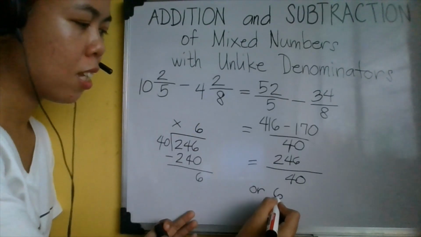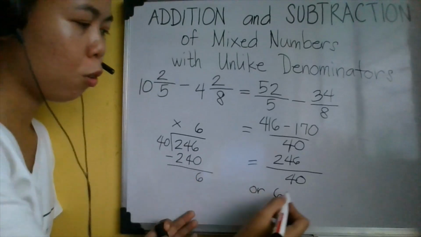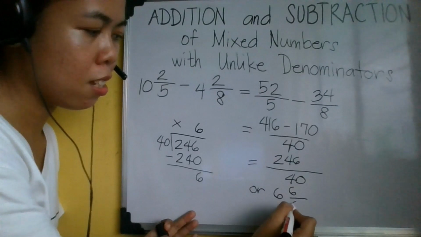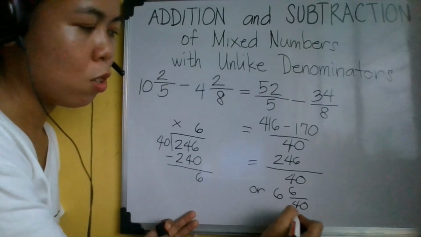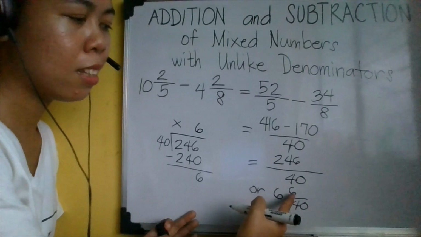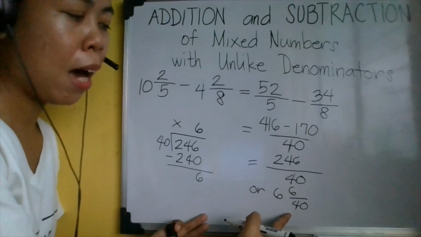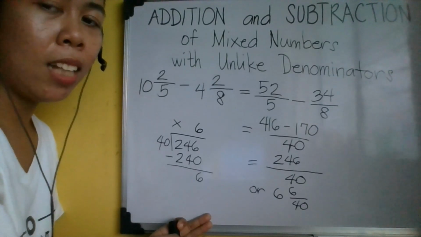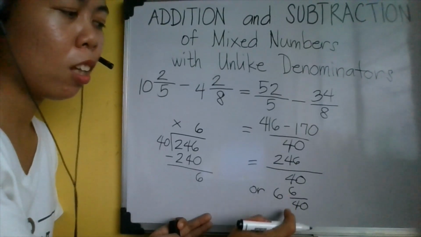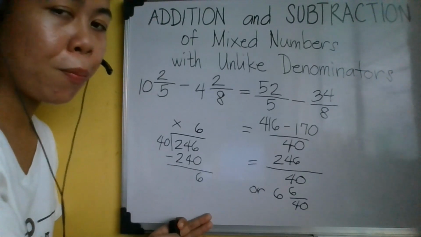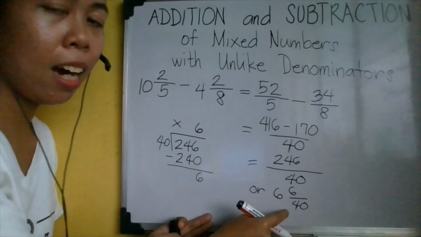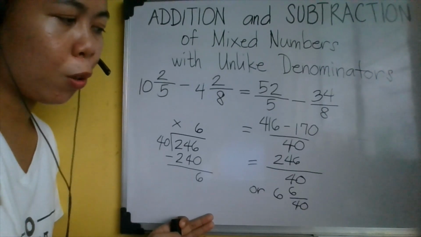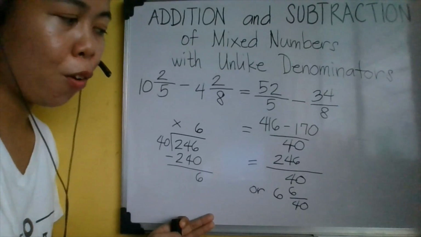Yung remainder ang magiging numerator, that is 6. Then, yung denominator is still the same. So we have 6 and 6 over 40. But, yung 6 over 40 is still not in its lowest term. So, pwede pa natin itong gawing lowest term by dividing 6 and 40 sa kanilang greatest common factor. So, yung greatest common factor ng 6 and 40 ay 2.